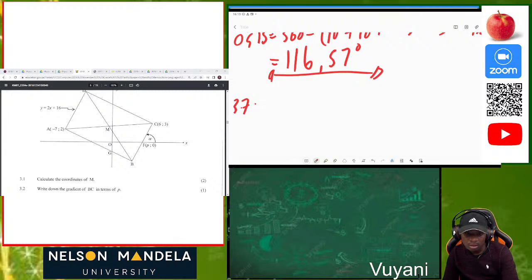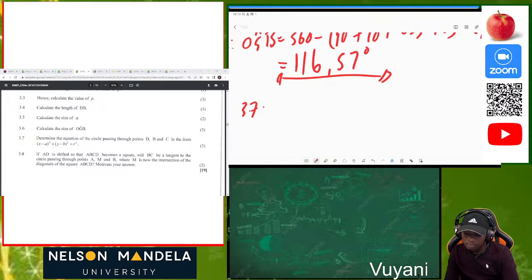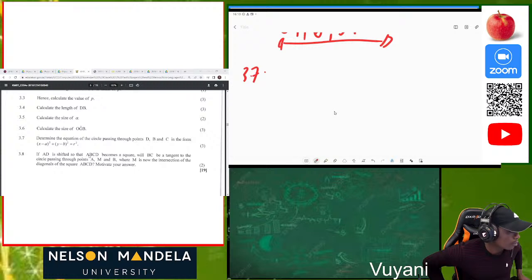Okay. Now we're on 3.7. Now let's calculate on 3.7.